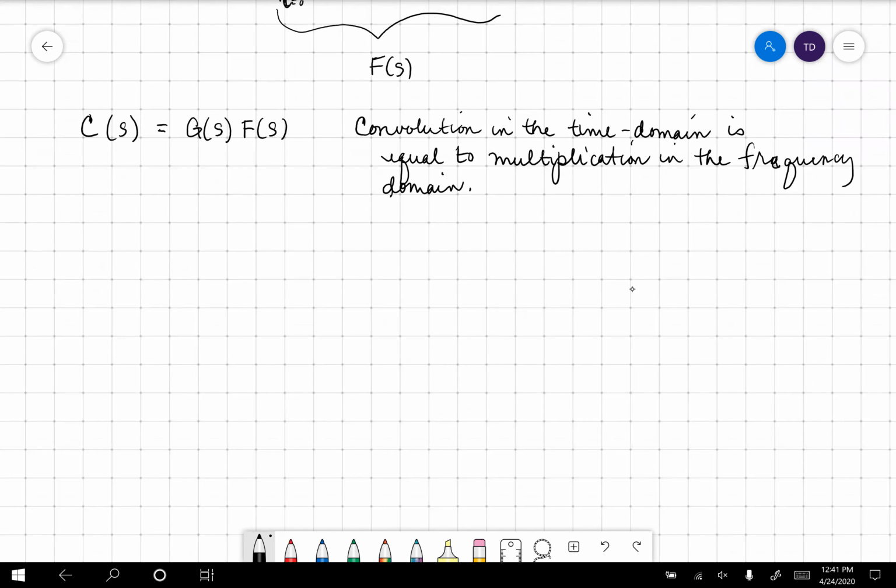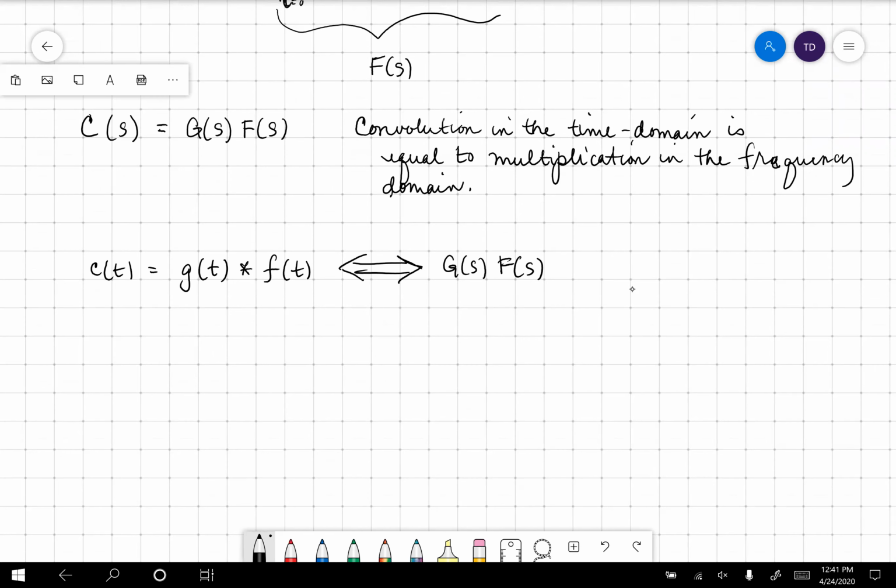So we were looking at the beginning, we had c of t equals g of t convolved with f of t. And we know that that Laplace transforms into G of s times F of s. Okay, I told you it doesn't matter if this works. You can see now with the multiplication in the frequency domain, you can see how this is clearly equal to F of s times G of s.